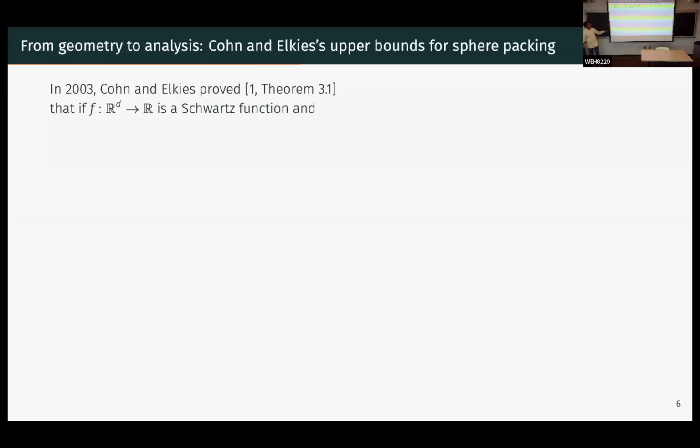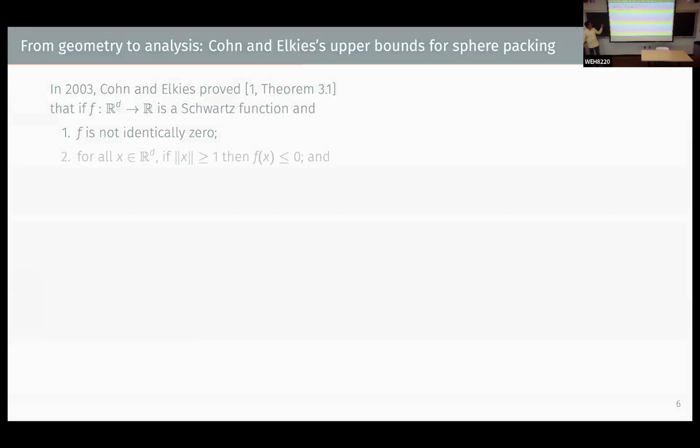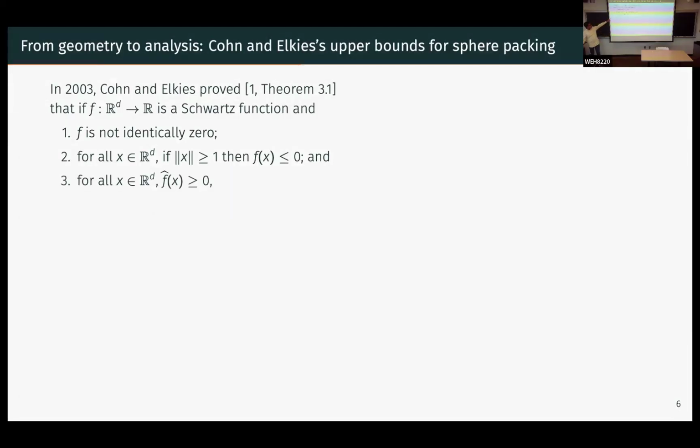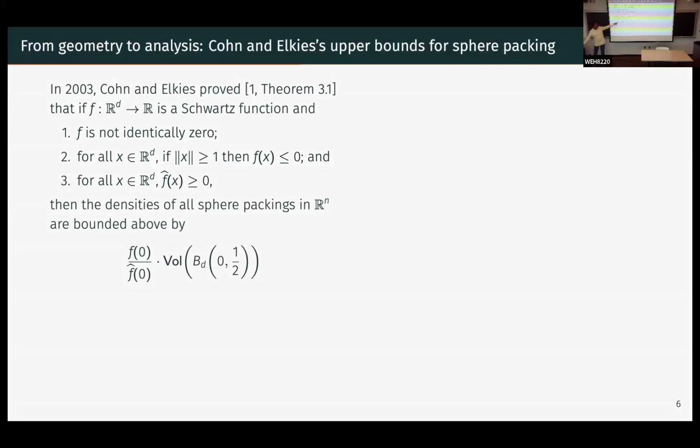So Cohn and Elkies proved the following. If f from Rd to R is a Schwartz function, not identically zero, satisfying these conditions 1, 2, and 3, then the densities of all sphere packings are bounded above by this quantity, which is expressed in terms of f, where f hat is its Fourier transform, and the volume of a ball in dimension d of radius 1/2.